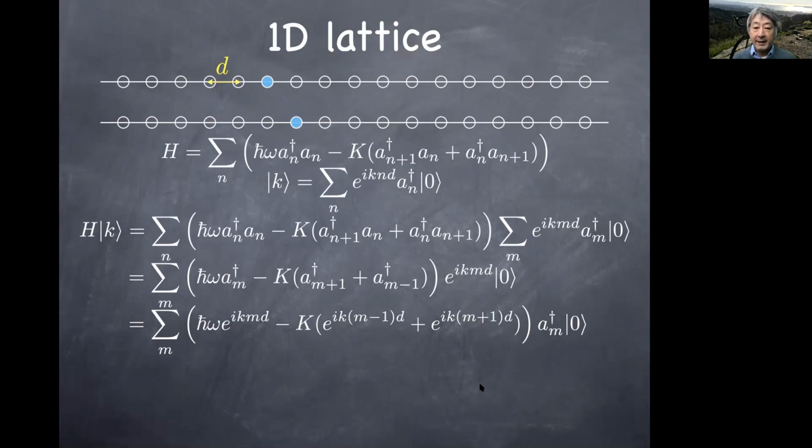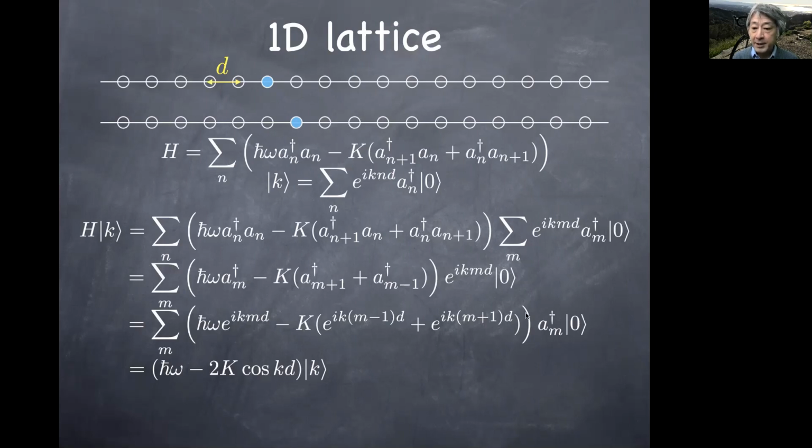Then this plus that is actually simple cosine. So if you factor out e to the minus ikd from the exponent and e to the plus ikd from the exponent here, they sum up to twice the cosine kd. Then I separate out e to the ikmd from both of these terms, which is the common term from the first term as well.